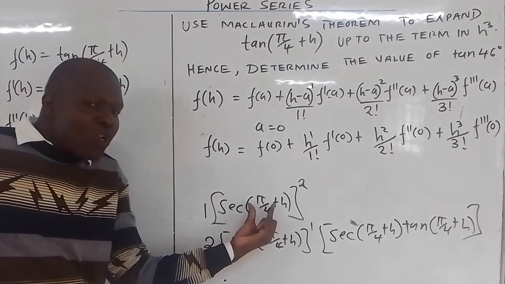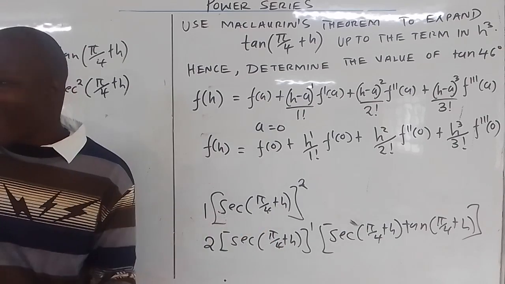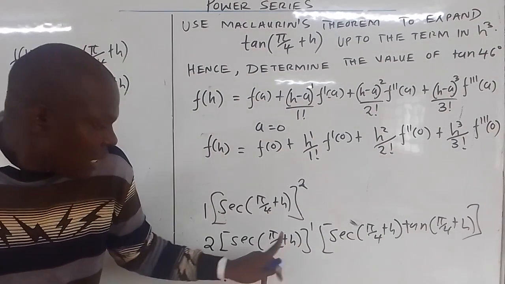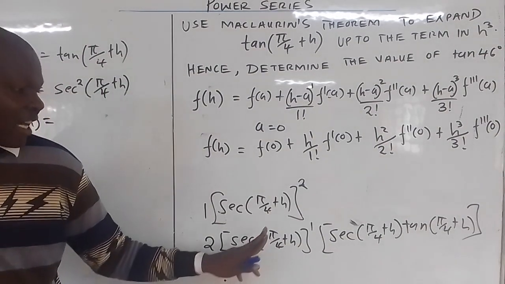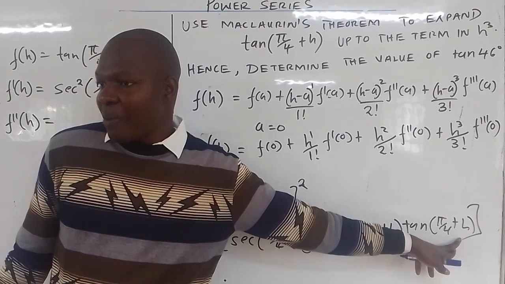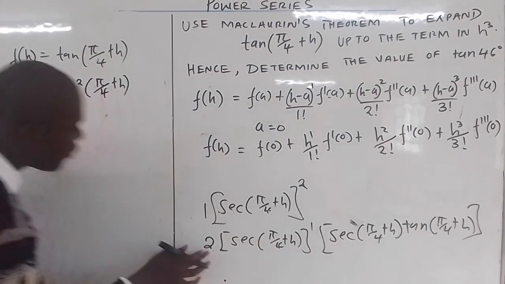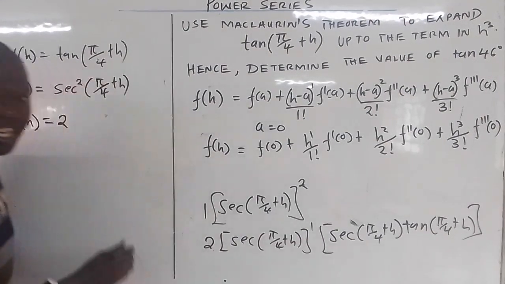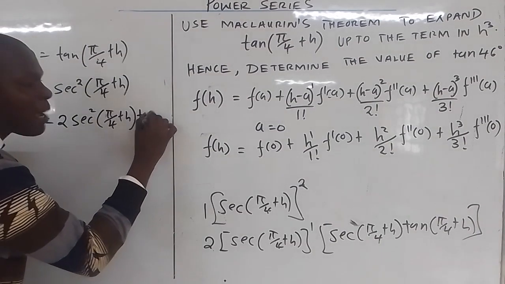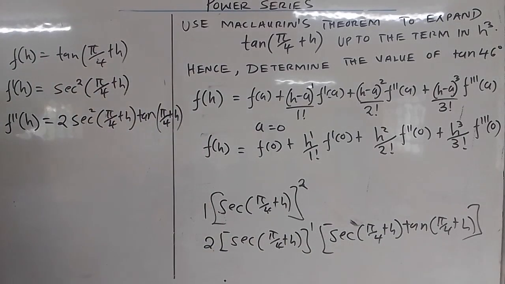Then differentiating the innermost pi over 4 plus h, you get 1, because differentiating pi over 4 is 0 and differentiating h gives 1. So the outer function gave you 2 sec of pi over 4 plus h, and the inner function gave you sec pi over 4 plus h tan pi over 4 plus h. In the end, if you multiply, sec times sec is sec squared, so you get 2 sec squared of pi over 4 plus h times tan of pi over 4 plus h.